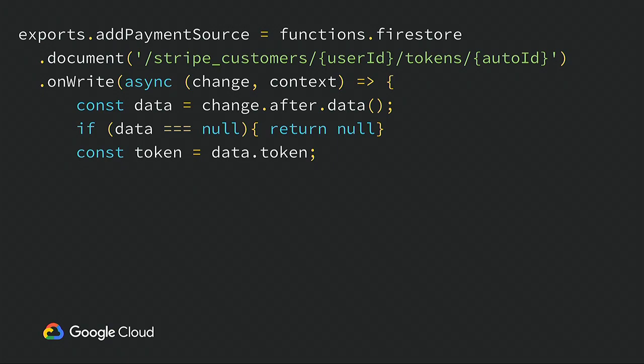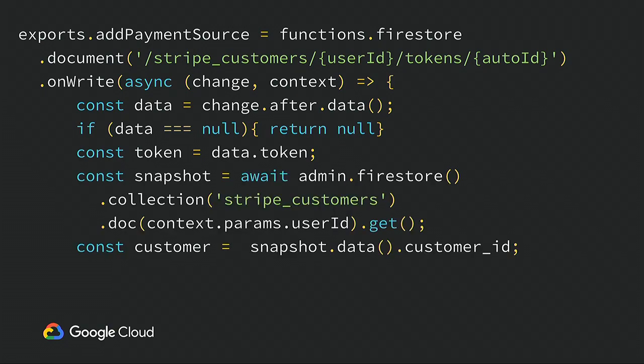And this is going to give us what was just changed in Cloud Firestore. If there's no data because it was just a delete, we're just going to return out of this function. We don't need to proceed. Otherwise, we're going to get the token from that data. And then we are going to get the Stripe customer ID from Cloud Firestore.